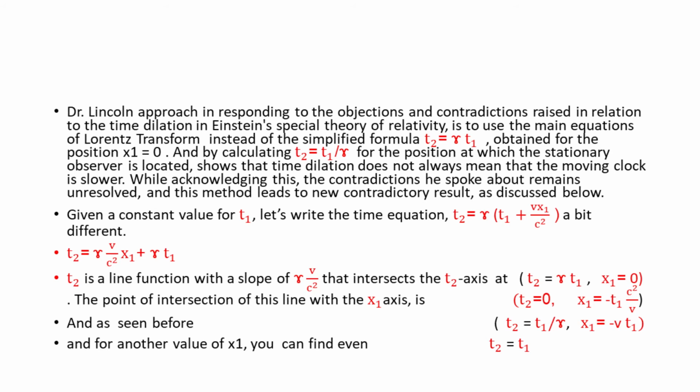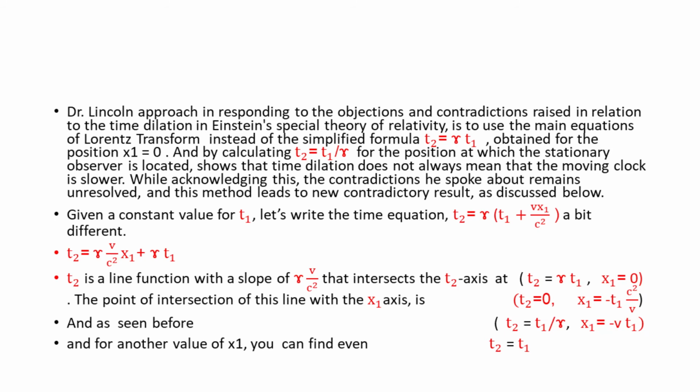Given a constant value for T sub 1, let's write the time equation T sub 2 equals gamma times the quantity T sub 1 plus V over C squared times x sub 1 a bit differently: T sub 2 equals gamma times V over C squared times x sub 1 plus gamma times T sub 1. T sub 2 is a linear function of x sub 1 with a slope of gamma times V over C squared that intersects the T sub 2 axis at T sub 2 equals gamma times T sub 1, x sub 1 equals 0.